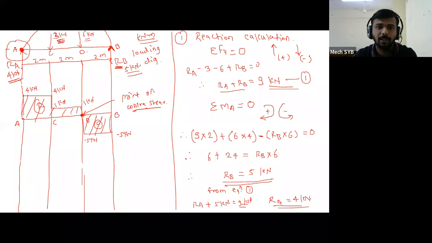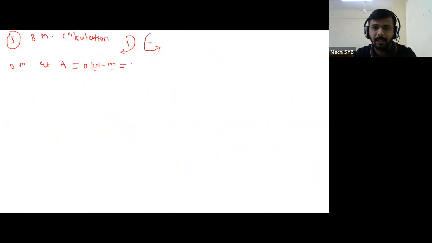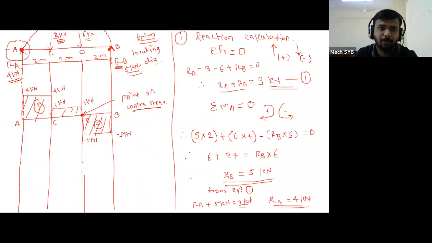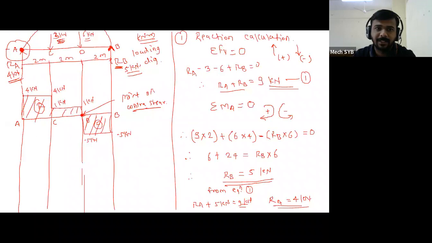Now resolve all these three forces towards point A, starting from point C. Tell me, 3 kilonewton into the distance between point C and A, 2 meter. 2 meters. It is rotating clockwise.